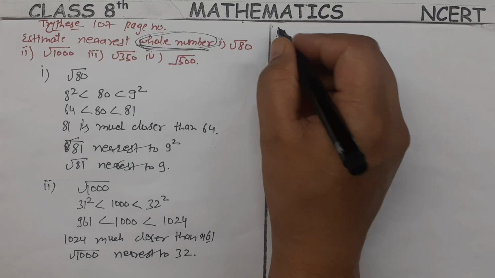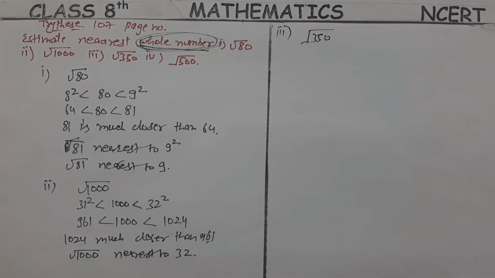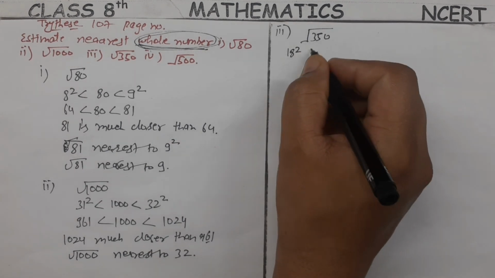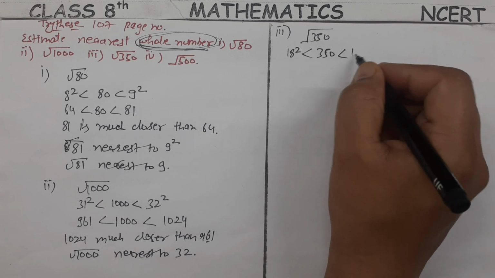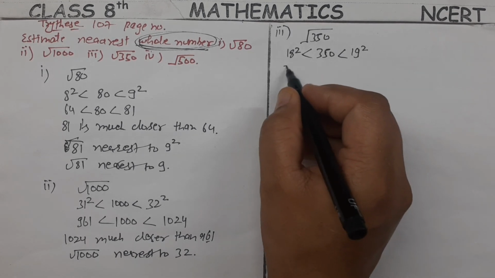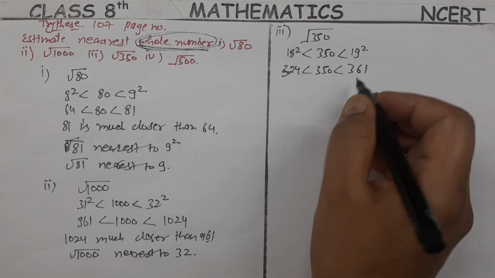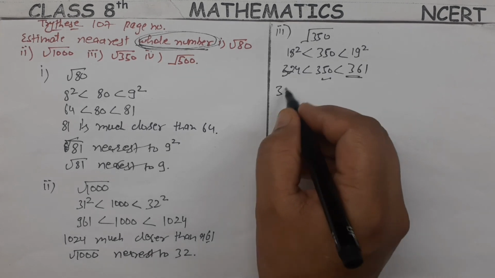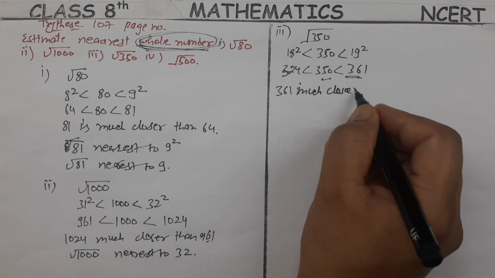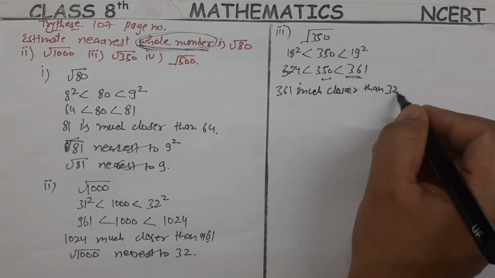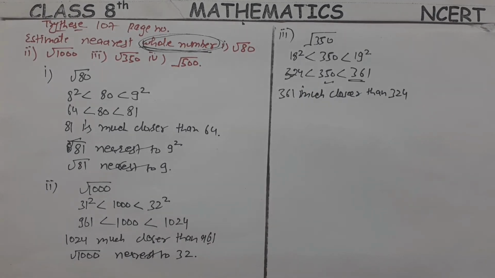Next one, root 350. 18 square is less than 350. 350 is less than 19 square. 18 square is 324. 19 square is 361. 361 is much closer than 324, because here the gap is 11, there the gap is 26.